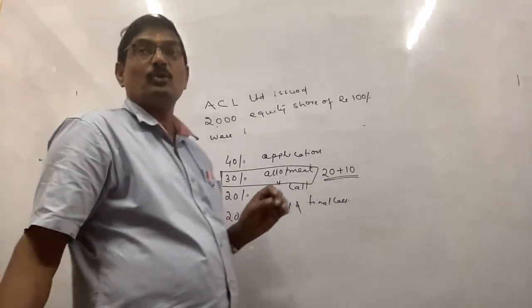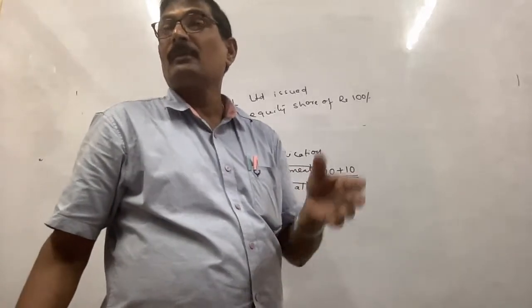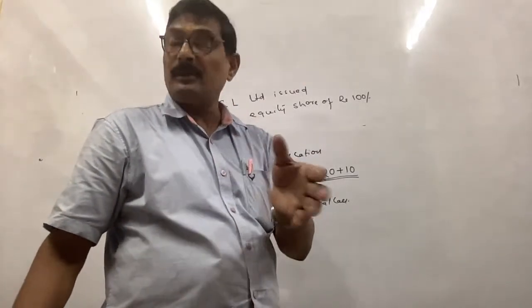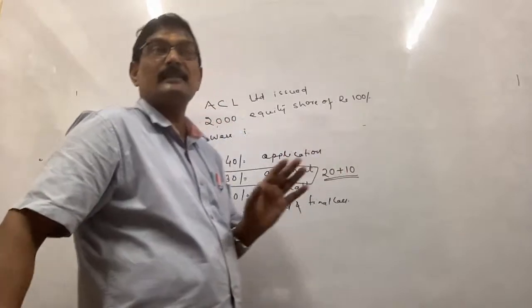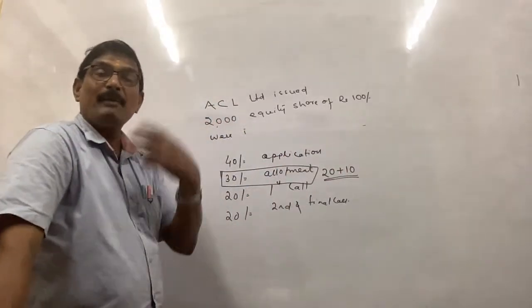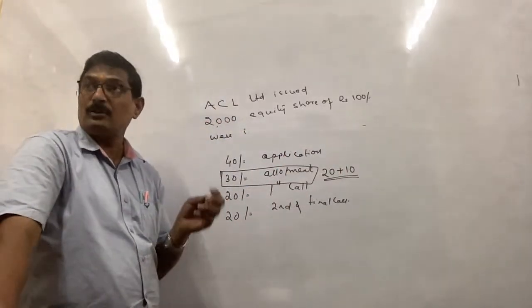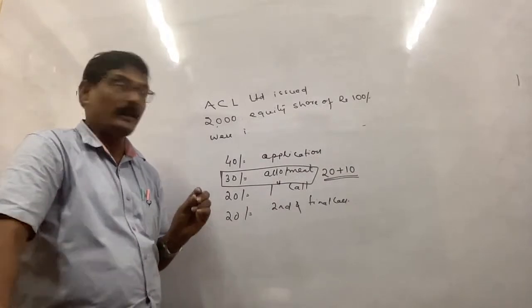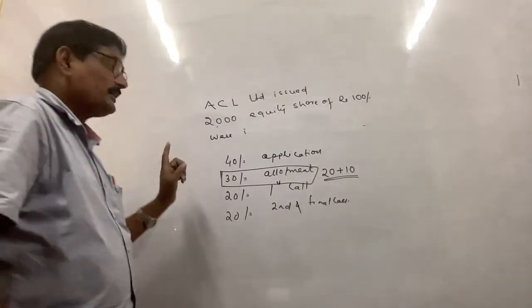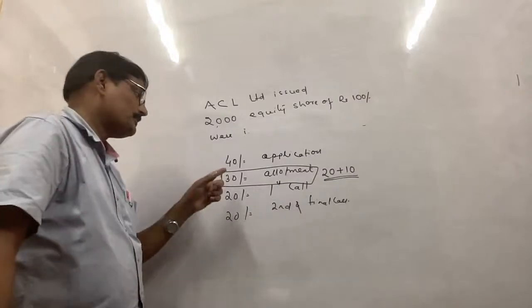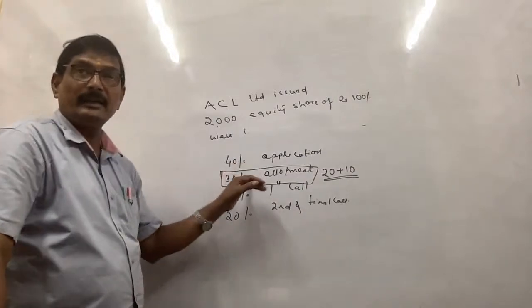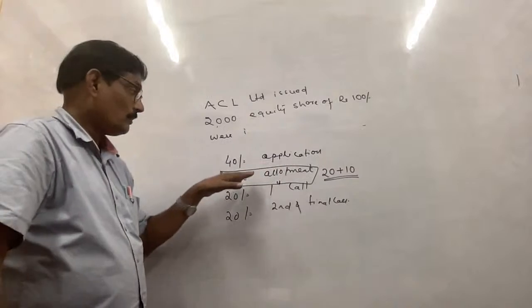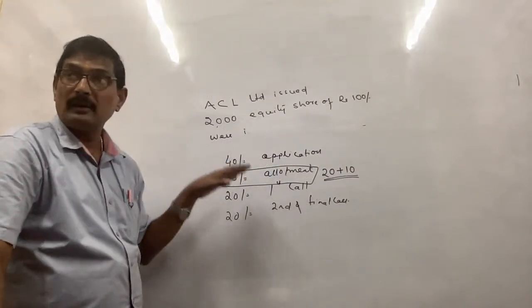Secondly, it can be used to write off capital losses, discount on issue of shares, debentures, and preliminary expenses. This can be done. We can buy back the securities using the securities premium. It can be used, right? So if nothing is given here, we have to presume that the securities premium has been collected at the time of allotment, right?